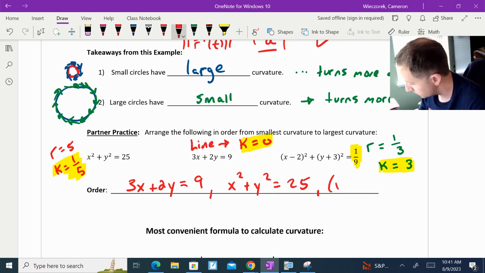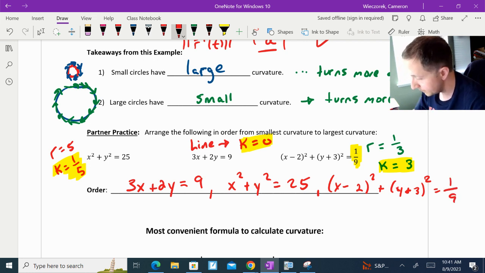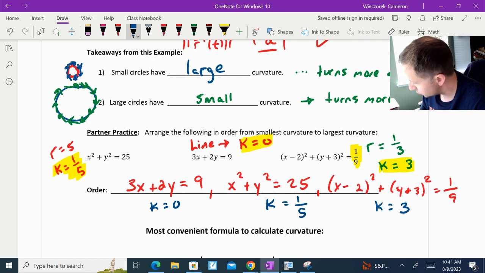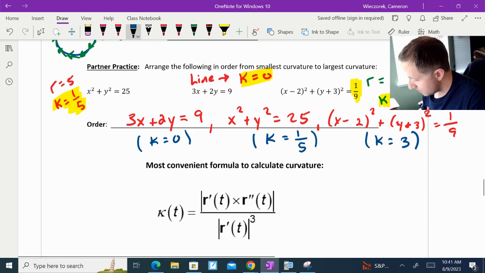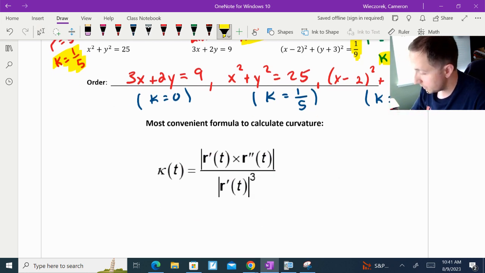It's going to have the biggest curvature, (x minus 2) squared plus (y plus 3) squared equals 1/9. And again, just putting the curvatures underneath: this one had curvature 0, this one had curvature 1/5, and this one had curvature 3. Reciprocal relationship between the radius and the curvature when you're dealing with a circle. I mentioned a more convenient formula to calculate curvature.